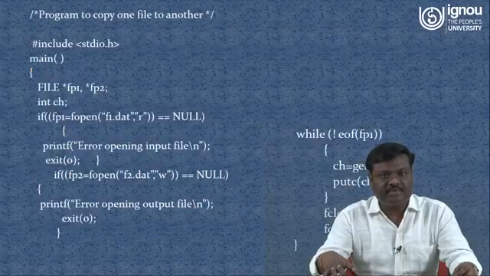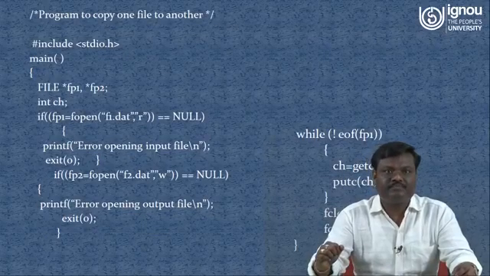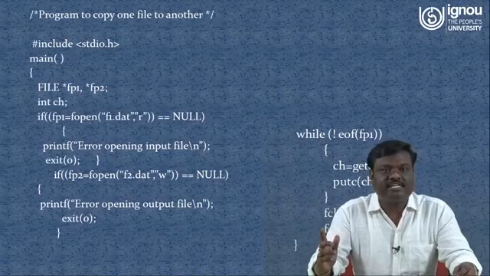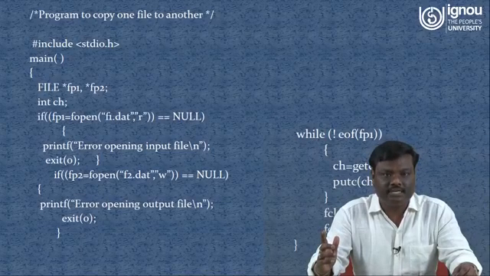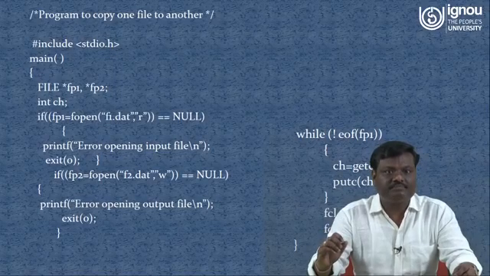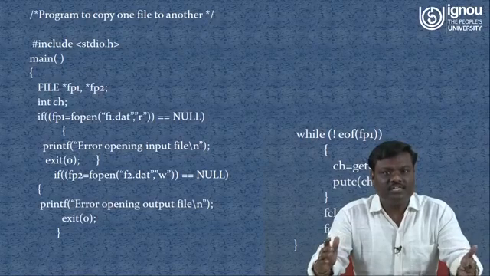Let us see an example program. It includes a main program consisting of two file pointers, fp1 and fp2. A cautionary statement is written: if there is no file, it prints error opening the input file.